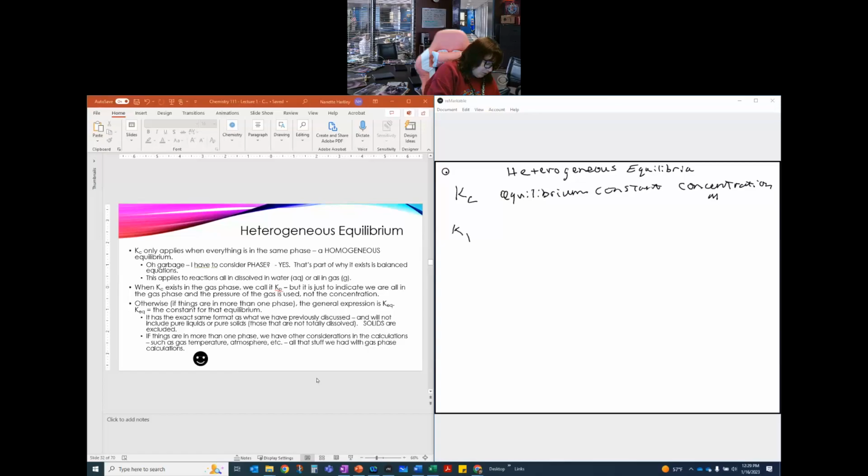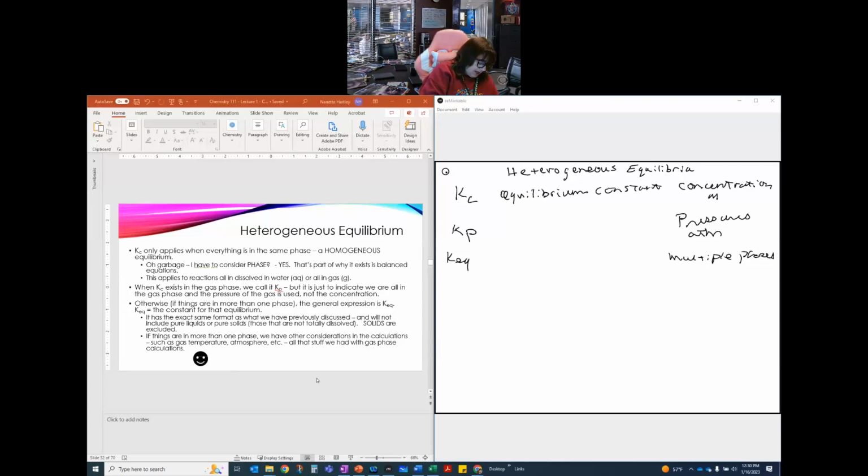Kp is for pressures, and so we need a pressure unit. Atmospheres are pretty common because it's the one we use the most often, but other pressures would apply. Keq is an equilibrium constant, multiple phases. And again, it doesn't really matter what those units are because we don't pay attention to the units per se.